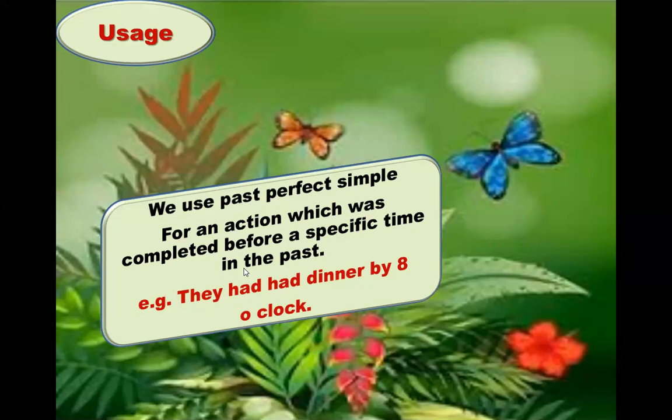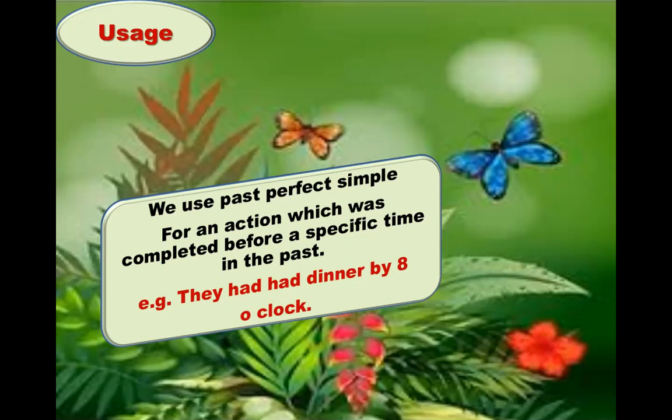Because the form of the past perfect is had plus the past participle of the verb. Here we used had as the auxiliary of the past perfect, and the other had is the past participle of have, meaning eat. I can say this sentence as they had eaten dinner, or I can say they had had dinner.